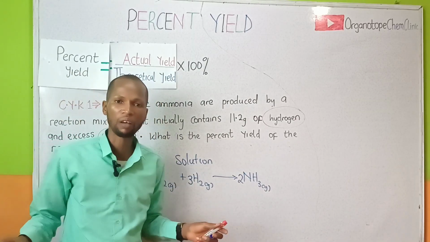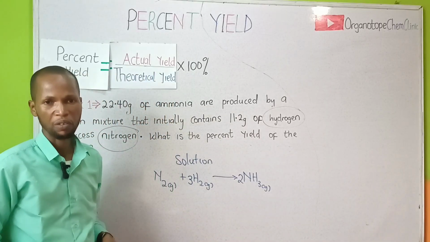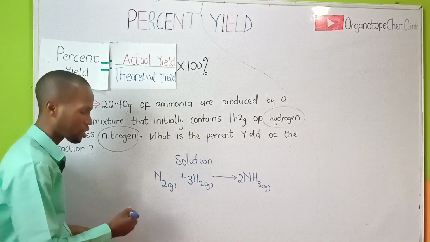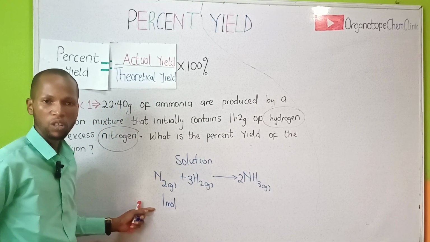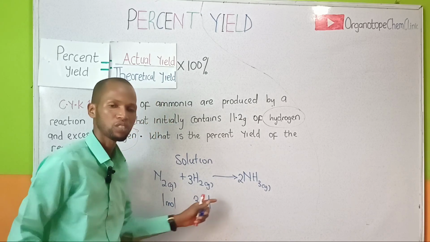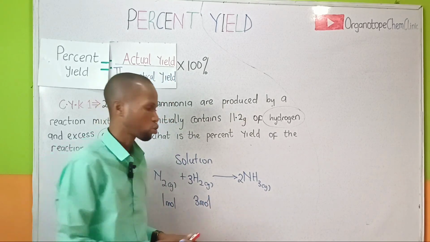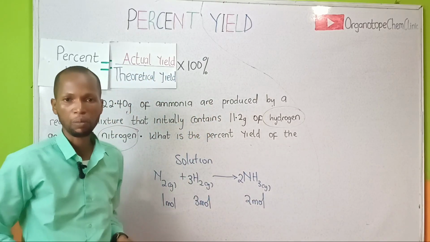So 3 times 2, we have 6 atoms of hydrogen. So we've been able to balance the chemical equation. From stoichiometry, the mole ratio for the reactants is 1 mole of nitrogen reacting with 3 moles of hydrogen, resulting in the formation of 2 moles of ammonia, which is the product.